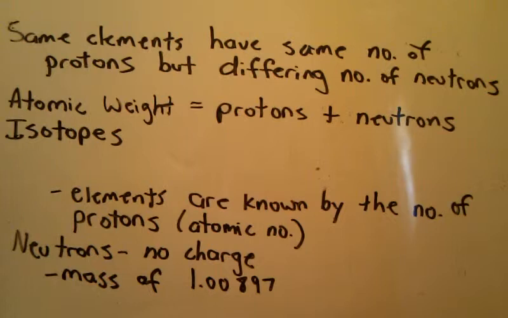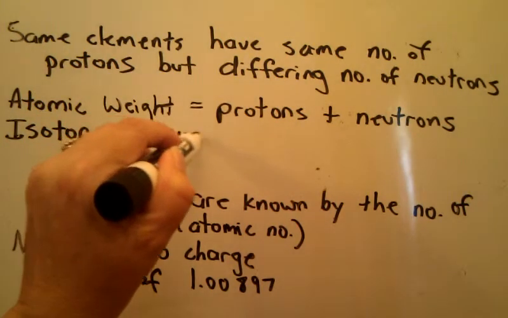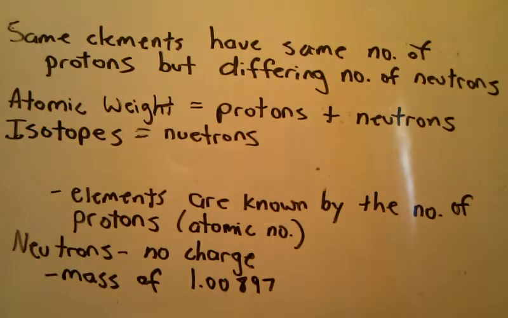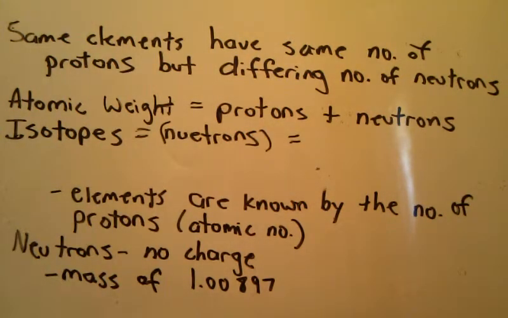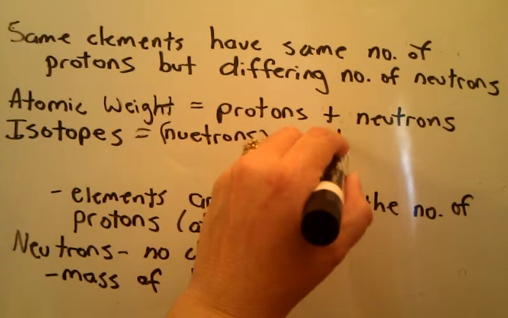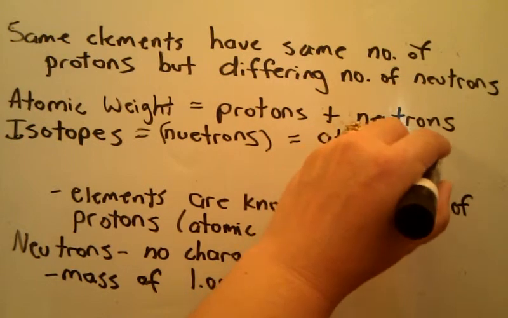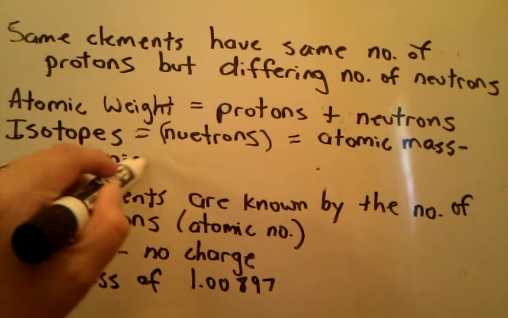So it's number of neutrons equals atomic mass minus the atomic number, which is the number of protons.